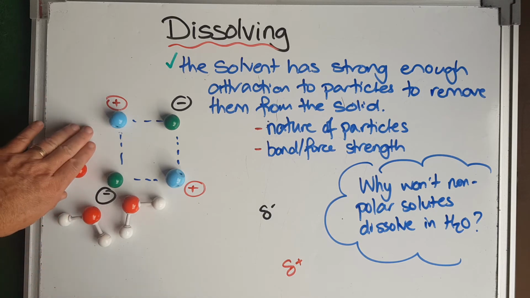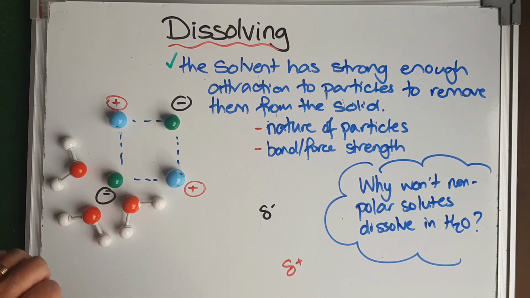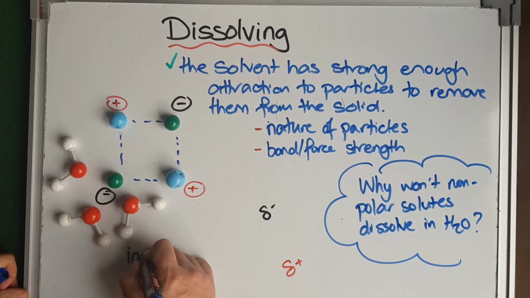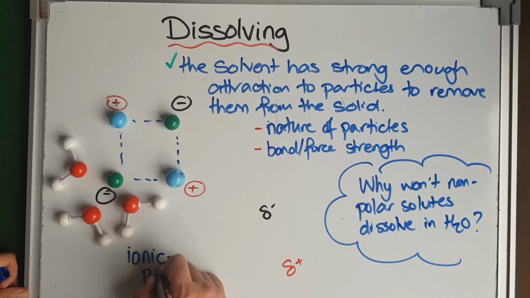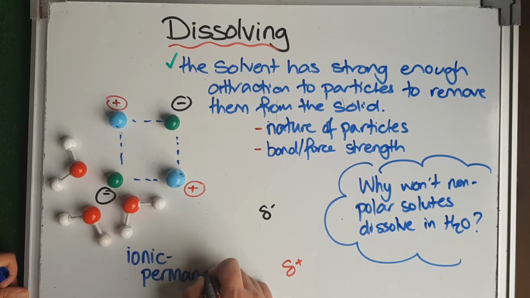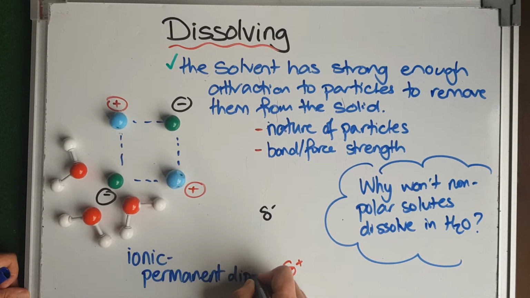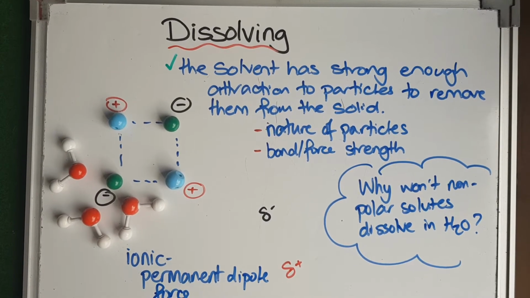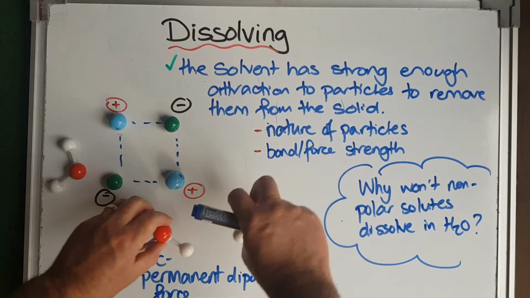So these have got permanent dipoles, this is ionic. So we describe the force between these as an ionic permanent dipole force. It's pretty strong because you've got a delta minus, sorry, I've got this around the wrong one.